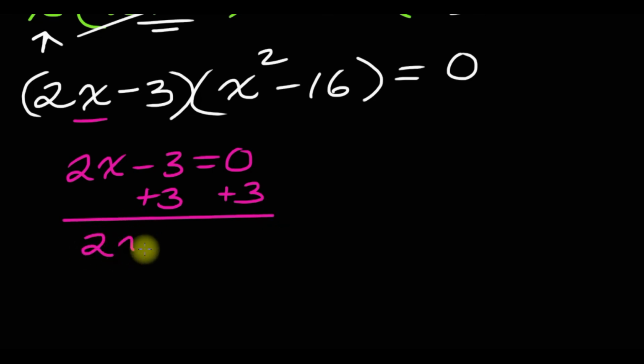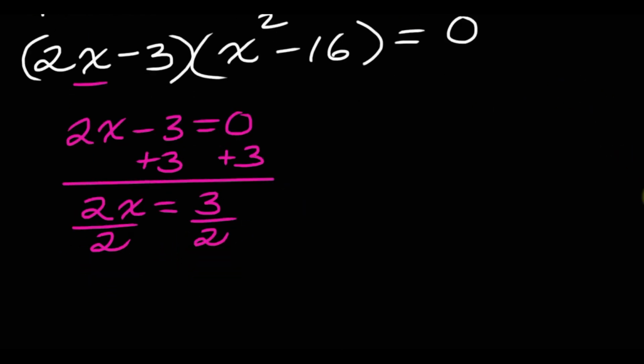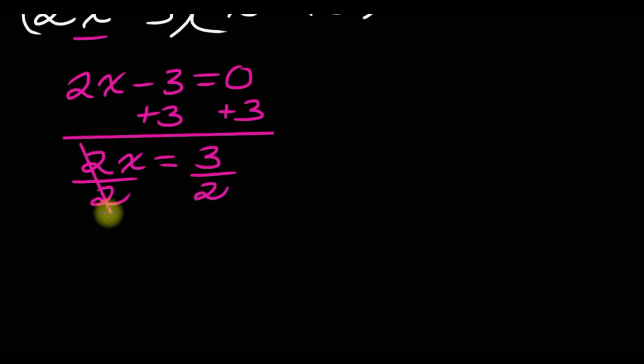So 2x equals 3, and then divide by 2. So your x is going to be 3 over 2. Okay, so this is one of the roots.